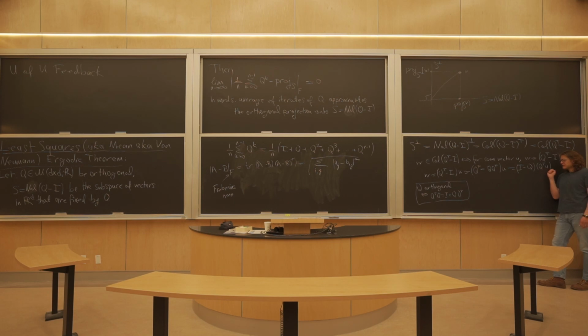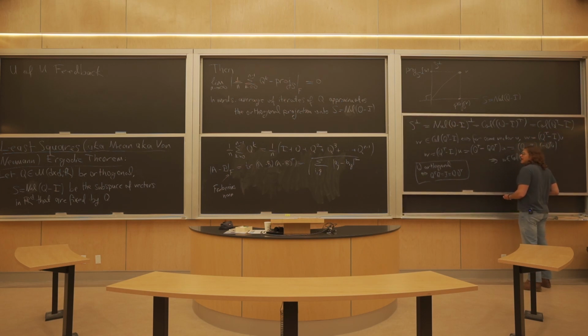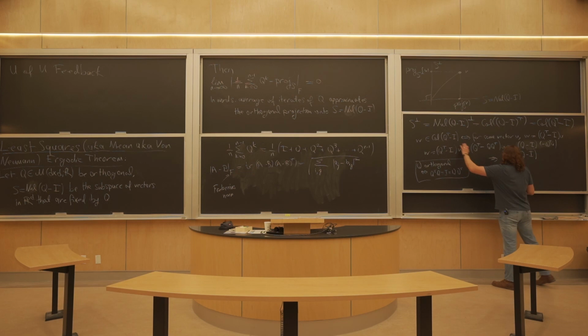And this calculation tells you that this W that we started with, which initially was in the column space of Q transpose minus identity, is also in the column space of Q minus I. So any vector in the column space of Q transpose minus I is also in the column space of Q minus I. I can rewind this argument, of course, and conclude that really this column space is the same thing as this.